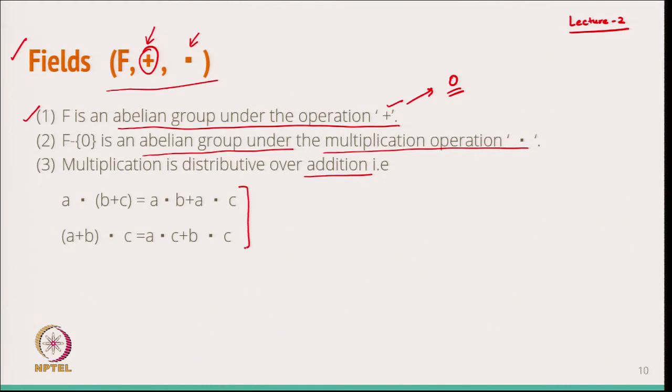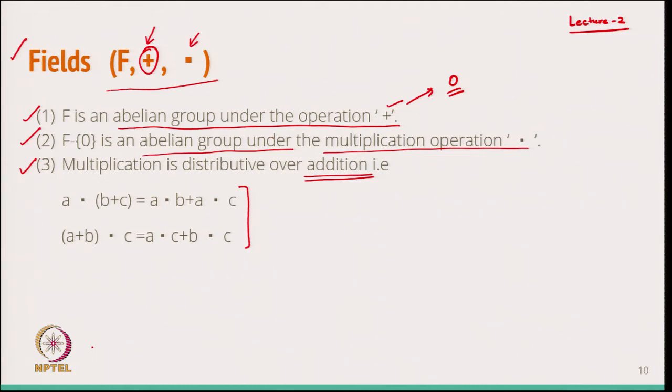This covers the left and right distributive laws, so we can say that multiplication is distributive over addition. If these properties are satisfied, then we call the given set F a field under the operations plus and dot. That is called a field.